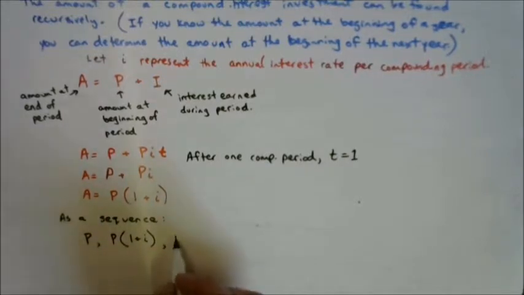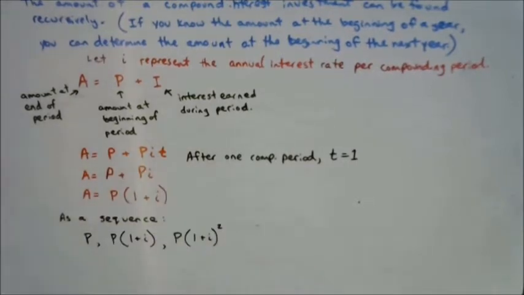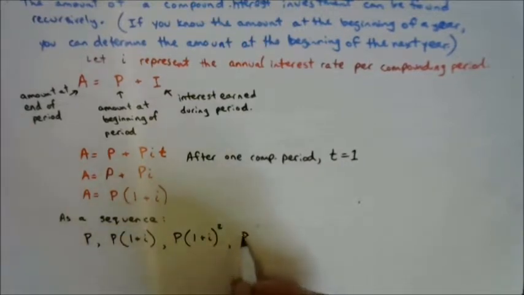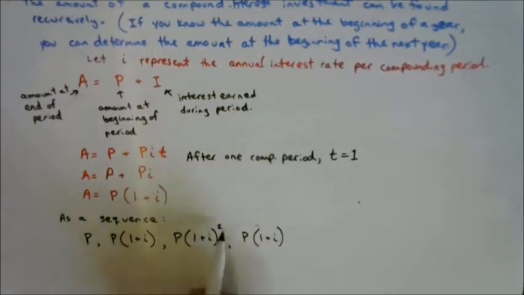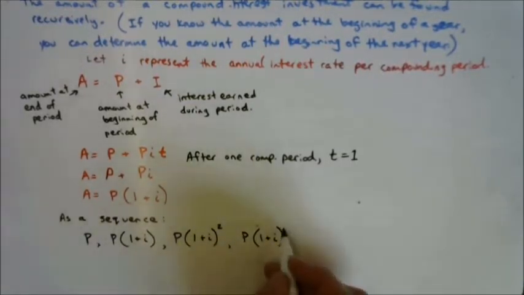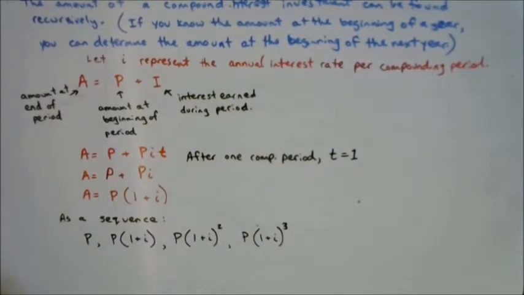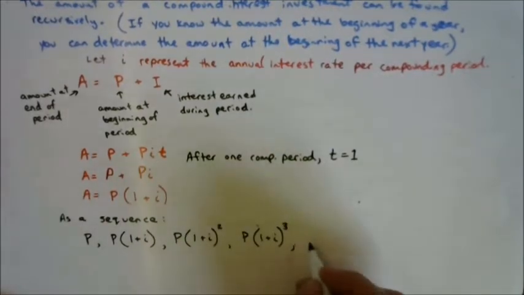Well, what happens in the next compounding period? We're going to multiply it by this bracket again. So now we have two factors of 1 plus i. In our example, that just meant multiplying it by 1.05 again. And then if you take that amount and multiply it by another factor of 1.05, or in the general case 1 plus i, you now have 3 factors of that.